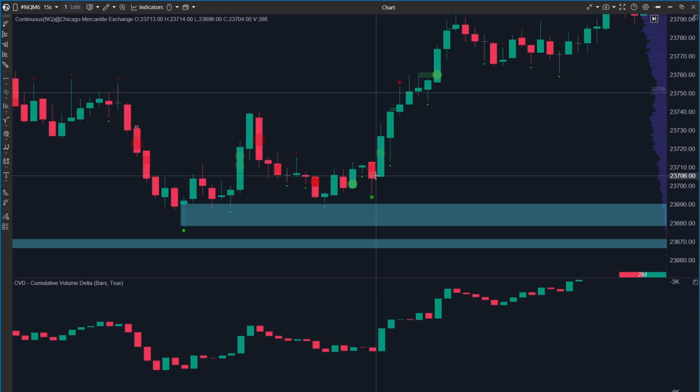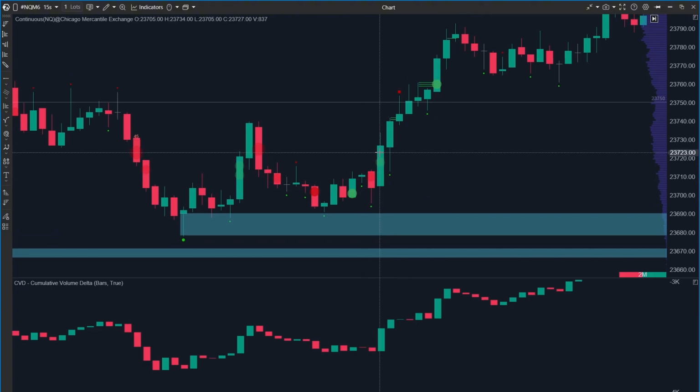What does this mean? Why is this important? Well, this just tells you that there's bullish passive buyers and bullish aggressive buyers almost at the exact same time entering the market. And this is often a much stronger signal than your standalone pressure bubble or your standalone absorption.